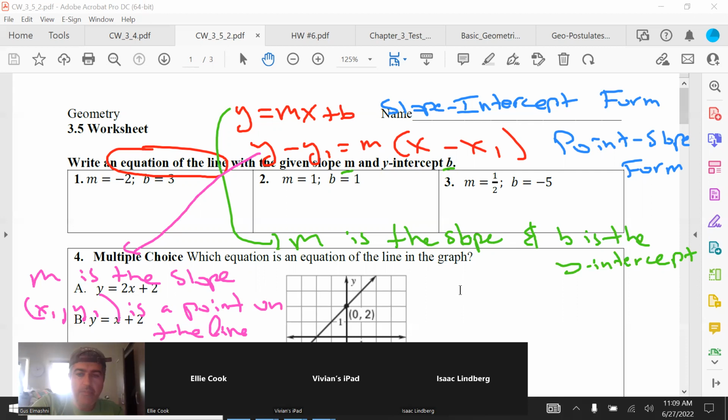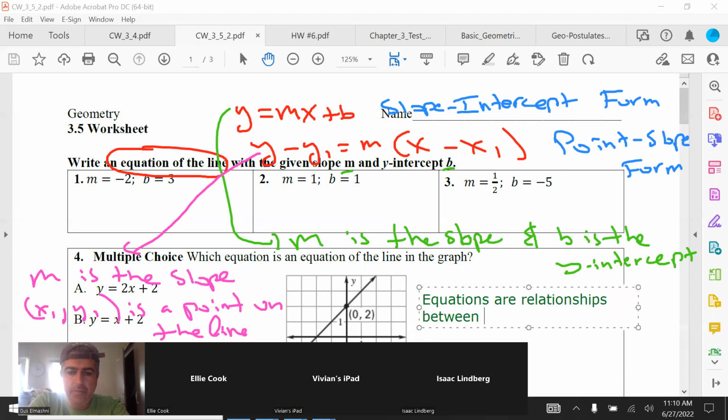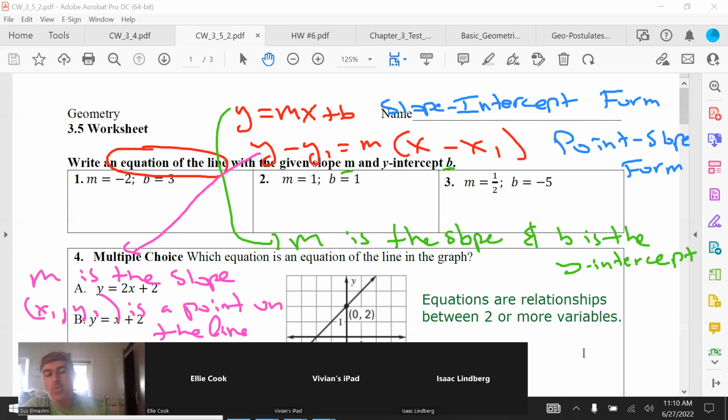An equation is a relationship between two or more variables. And so that's why we leave them in terms of x and y, because you want to know how those two variables are related.